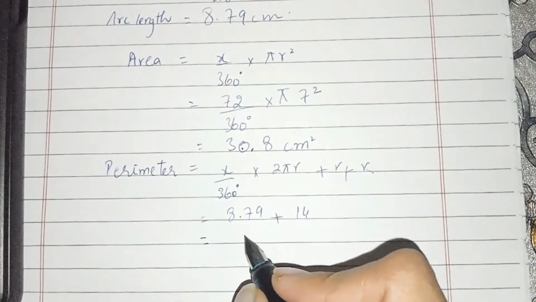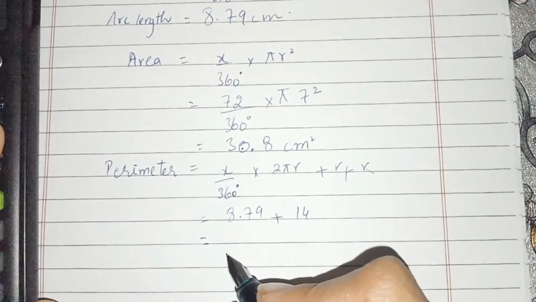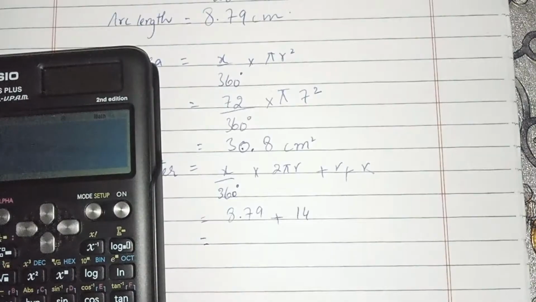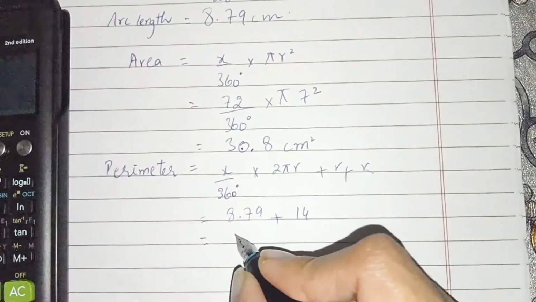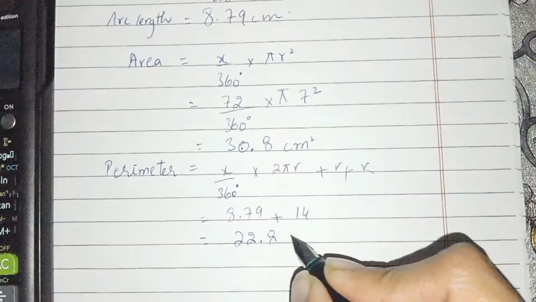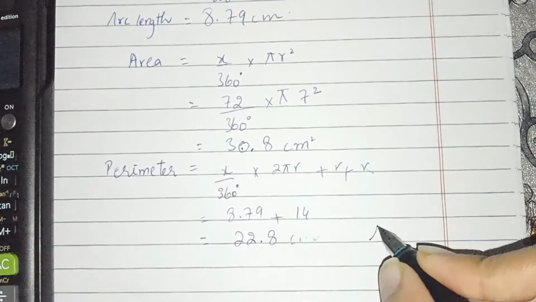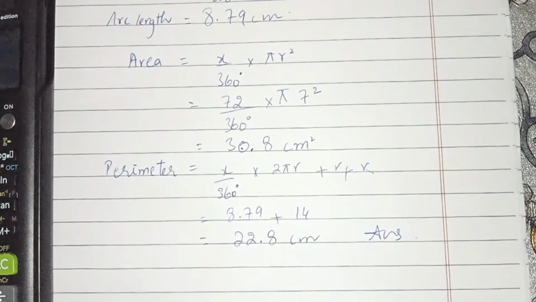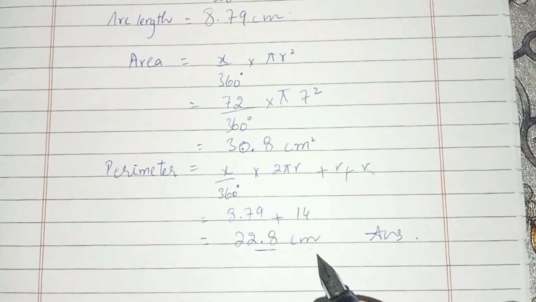Add it in and you get the perimeter. 14 plus 8.79 and we get 22.8 centimeter. And now students, these are the answers. Now it's solved.